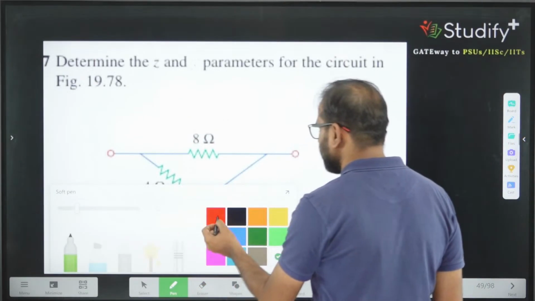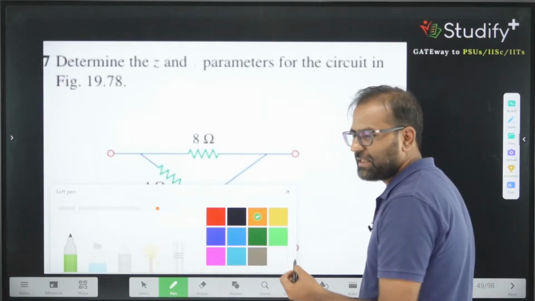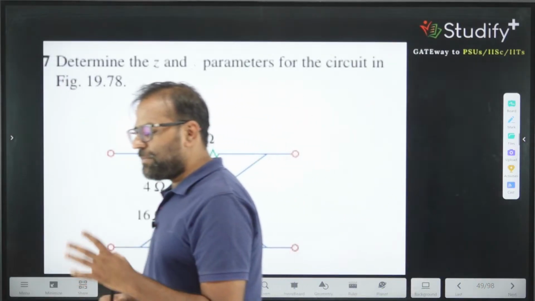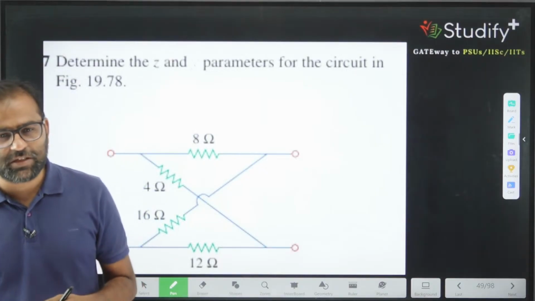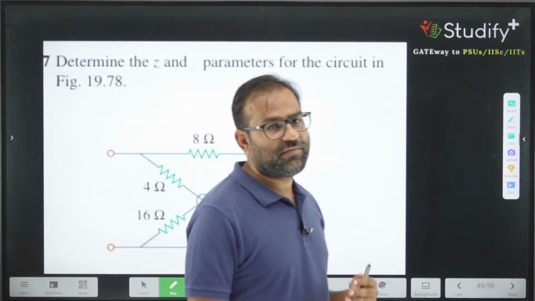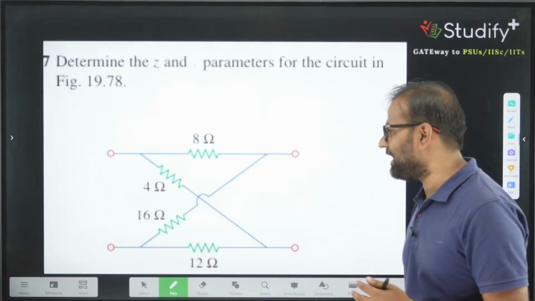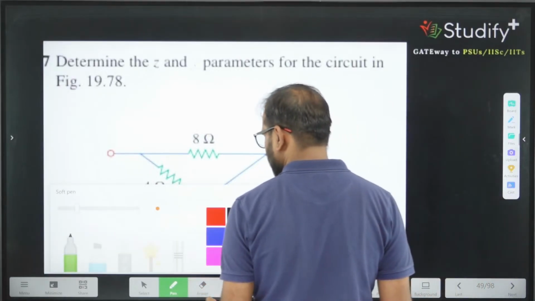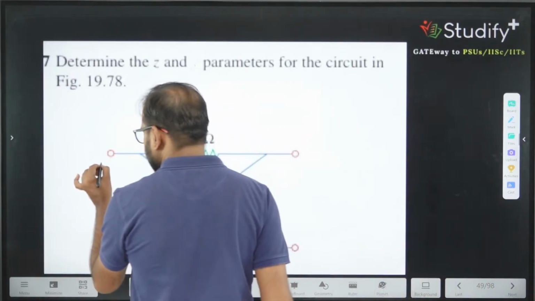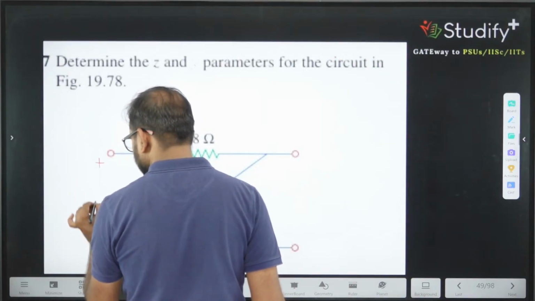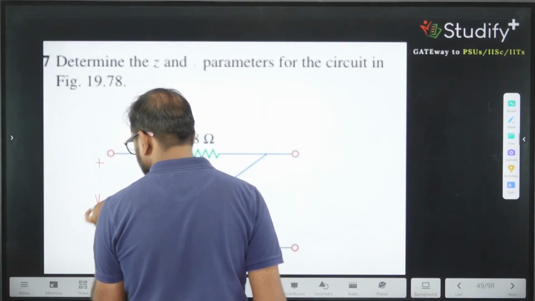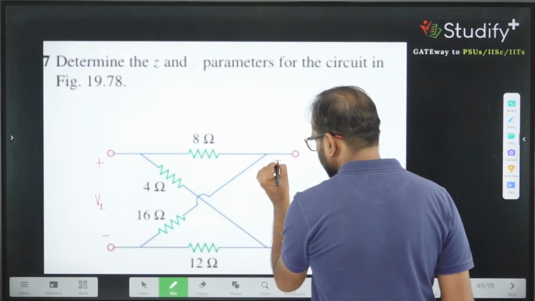To calculate the Z parameters for the network, we have to redraw the circuit. Or if you are able to identify which two components are in parallel and which remaining two components are in series, you can calculate that also. Say this value is V1 and this value is V2.